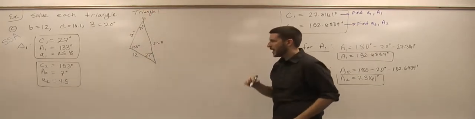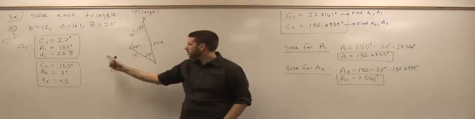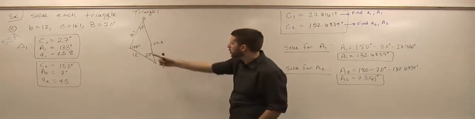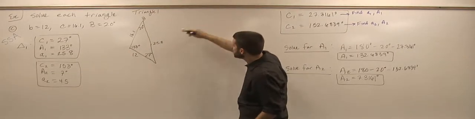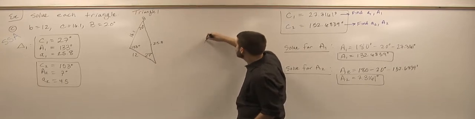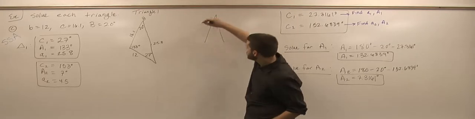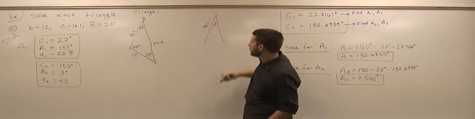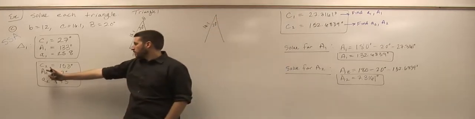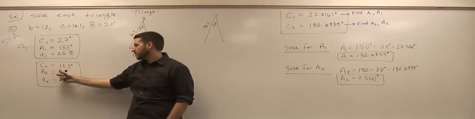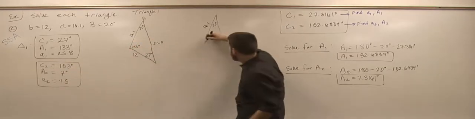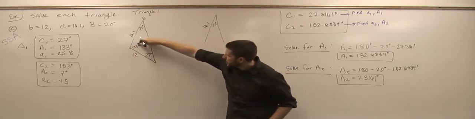In the second triangle, a2 is a lot shorter. So basically what's going to happen, B is still going to have to be 20 degrees, that doesn't change. So I'm still going to have a 20 degree angle here. c is still going to be 16.1. But now big C2 is the bigger angle and A2 is the small angle. So see how this angle was 133?